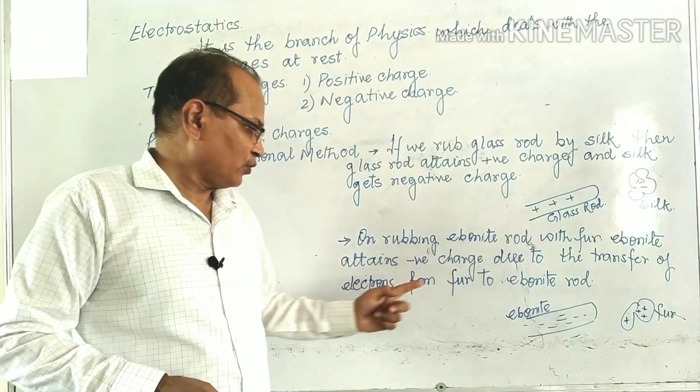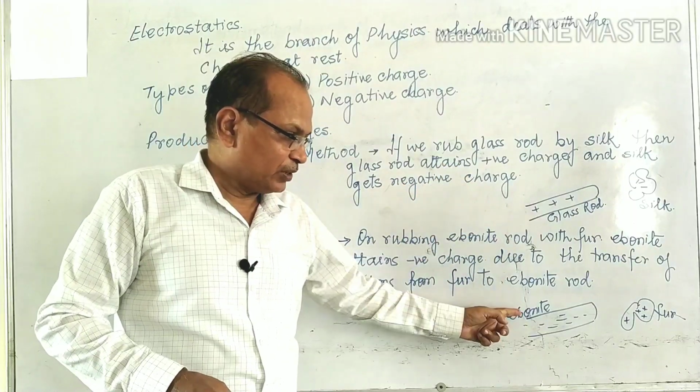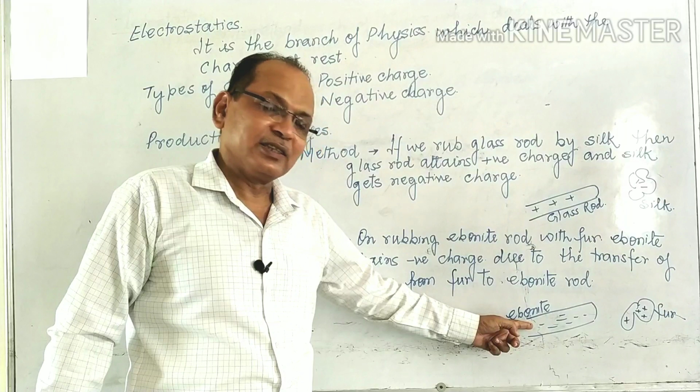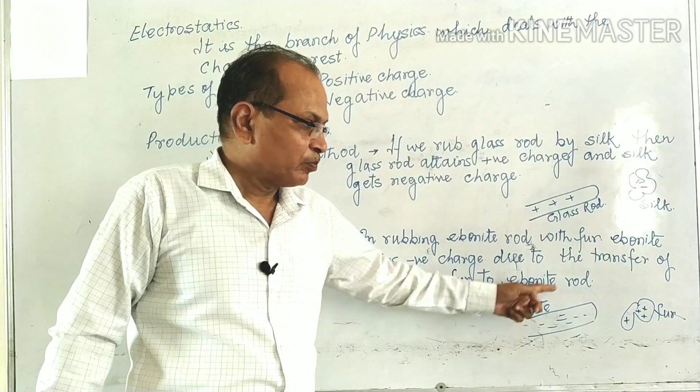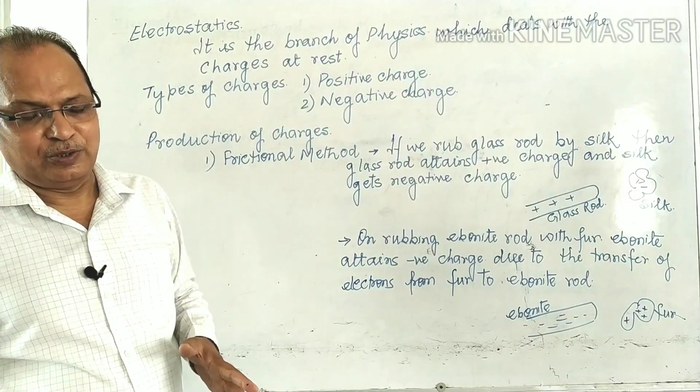So the ebonite rod attains negative charge on rubbing and the fur attains positive charge.